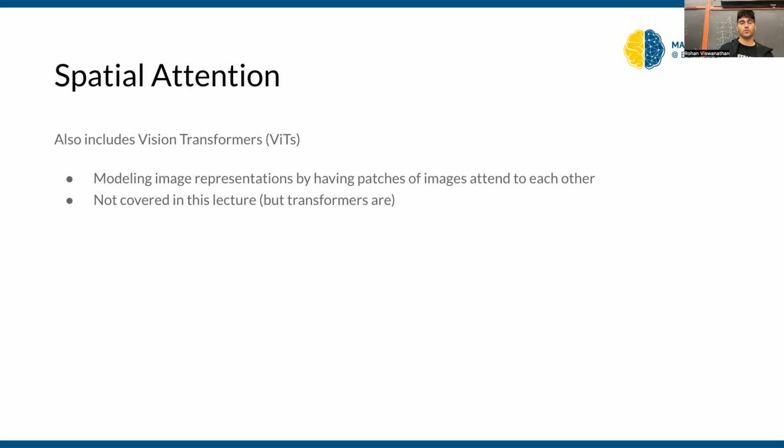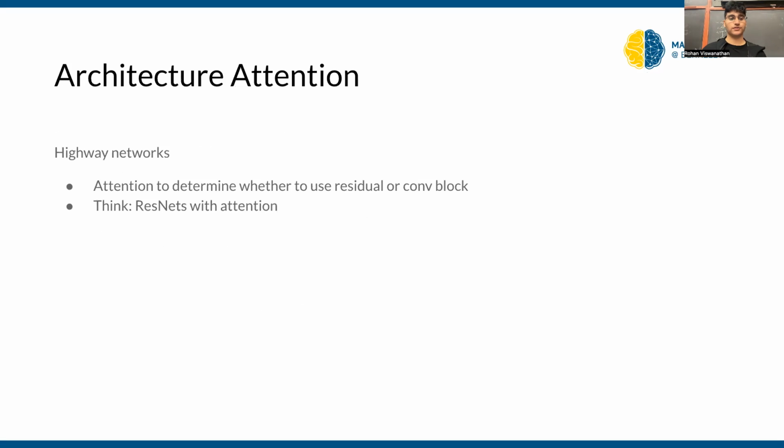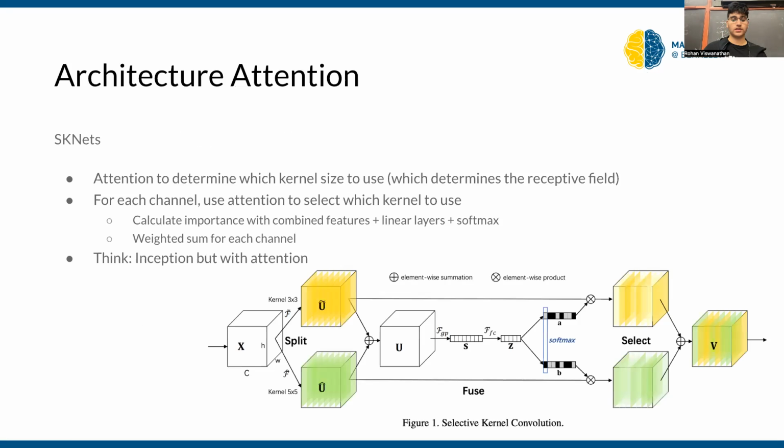So ViTs, we're going to be discussing these in depth, so we're not going to spend too much time on that. And attention can be used in various architectures as well. We've talked about inception nets, how they work. Now, when you're doing this combination of features, you're paying close attention, no pun intended, to which features are weighted higher than others.